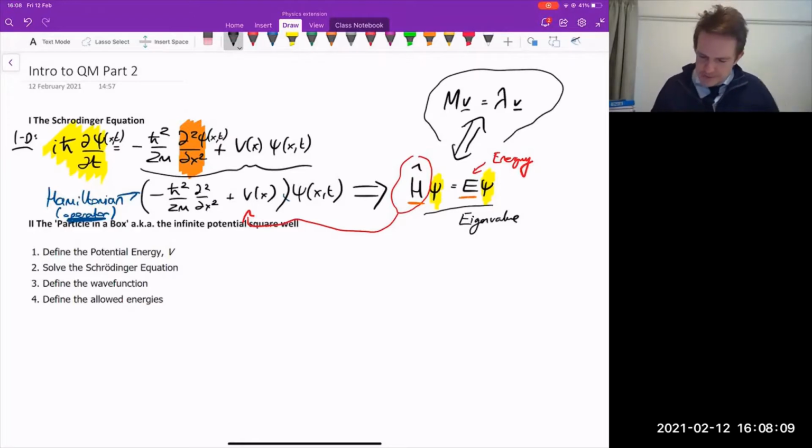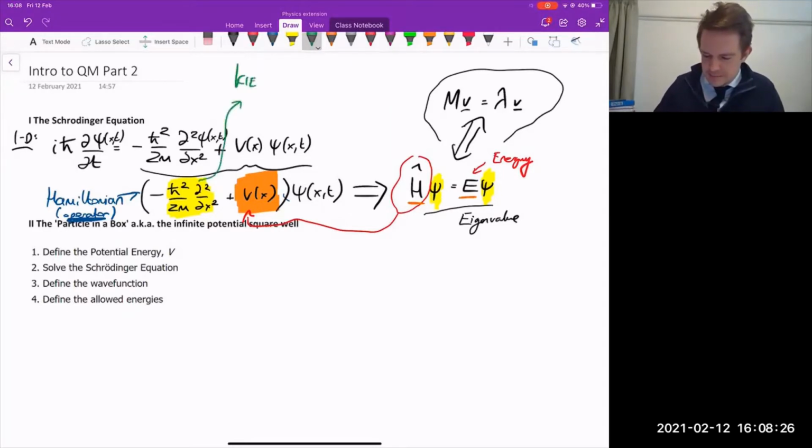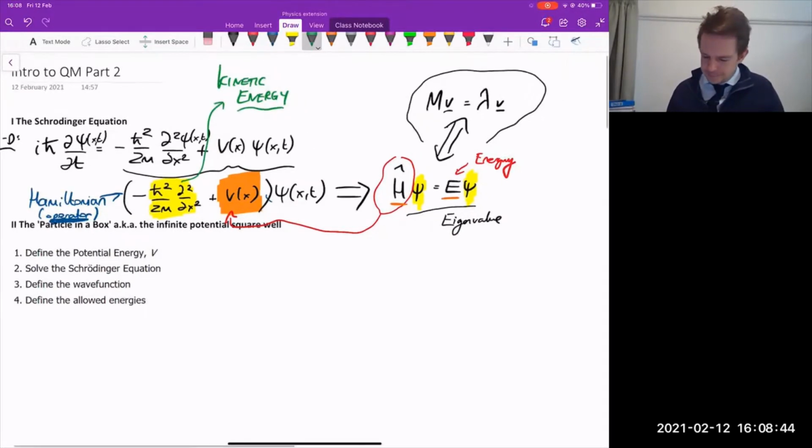These two terms, this term and the orange term, V of x, are two things that you're already familiar with. They are kinetic energy, although I admit minus h bar squared over 2m d2 by dx squared is not immediately recognizable as the kinetic energy, but trust me, it is.